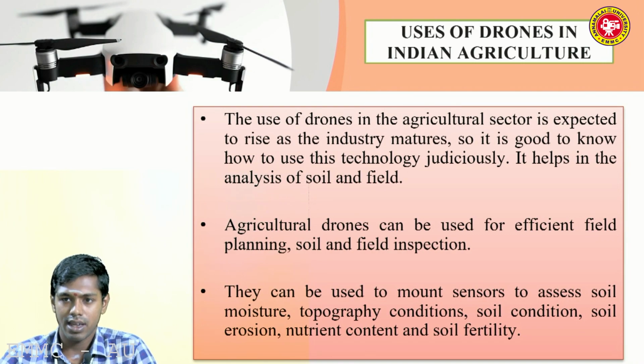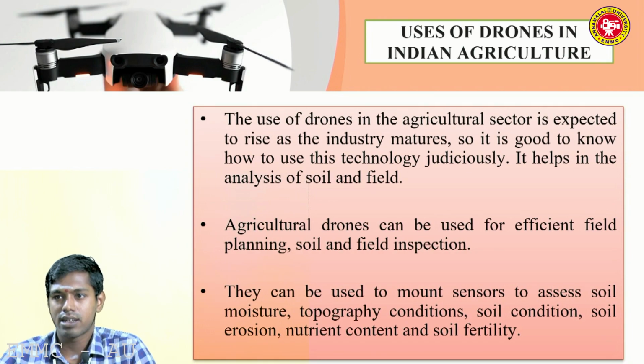Through that we can know about the weather changes and take precautionary measures, which helps the farmers in doing irrigation and many other land practices, etc. The drone also helps to monitor the soil conditions, soil erosion, nutrient content and soil fertility. And nowadays drones are used very much in precision farming also.